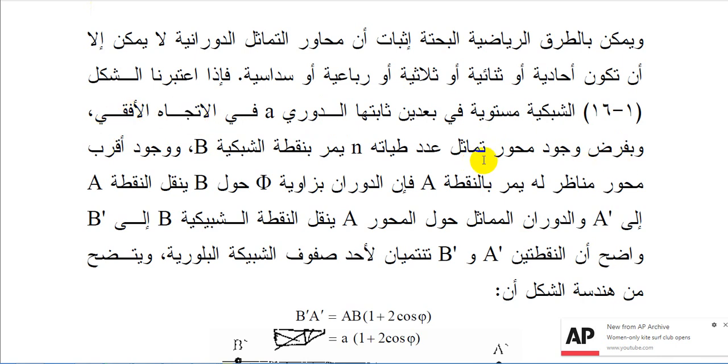And by supposing a symmetry axis of nth order, with n folds, passes through the lattice point B, with the closest corresponding axis passing through the point A. So the rotation by angle phi about B translates the point A to A dash, and the symmetric rotation around axis A translates the lattice point B to B dash.